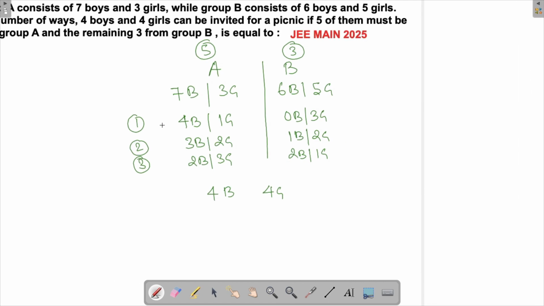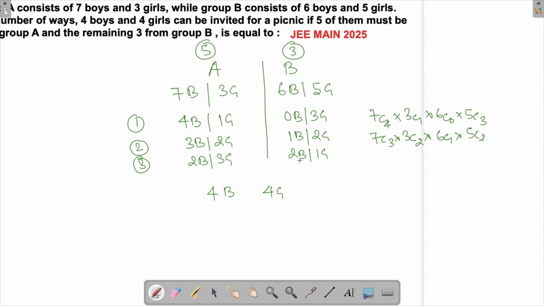Now, in these scenarios, what will be the number of ways to select them? We'll just count them and multiply. Four boys out of seven can be selected in 7C4 ways, then one girl out of three in 3C1 ways, and then 6C0 and 5C3. Similarly, the second case is 7C3, 3C2, 6C1 and 5C2.